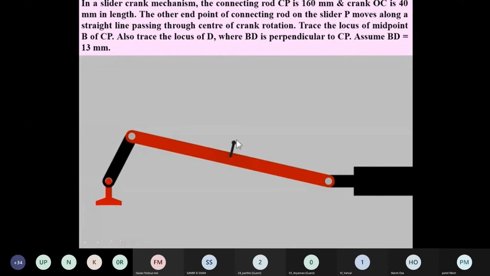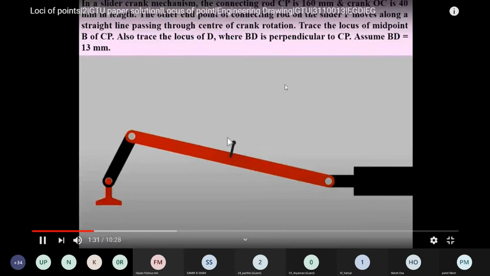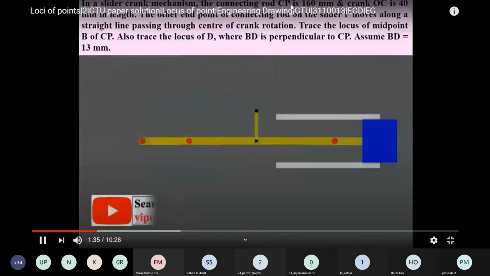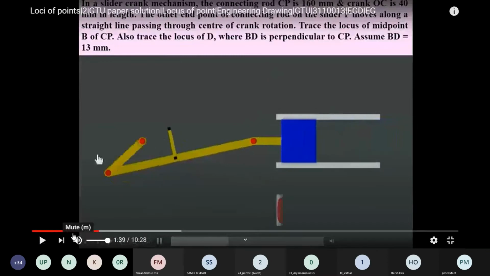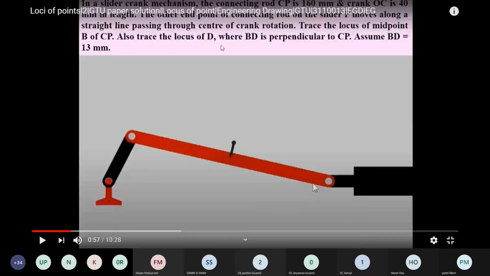In a single slider mechanism, the connecting rod CP is 160 mm and the crank OC is 40 mm in length. It means the connecting rod given to us, that is CP, is 160 mm, and the crank OC is 40 mm.